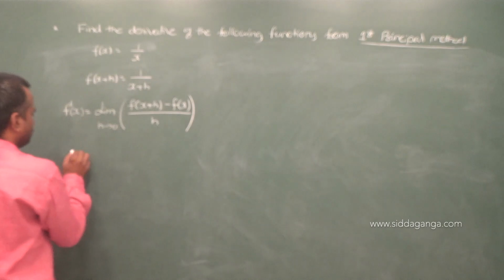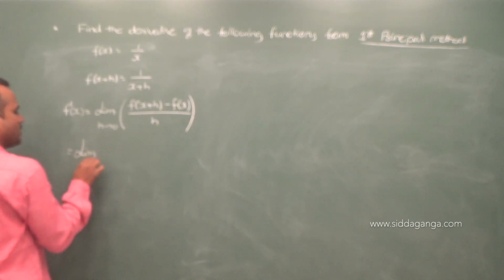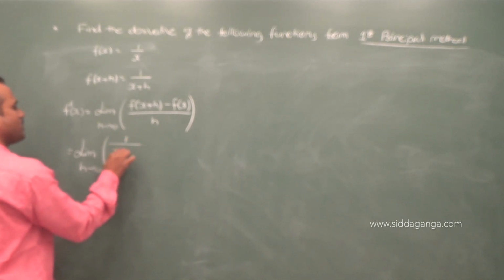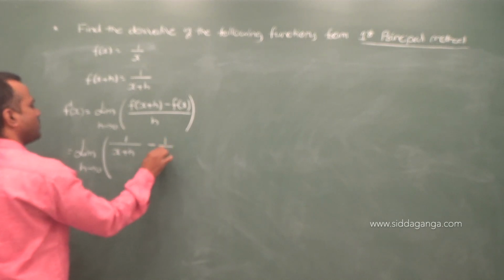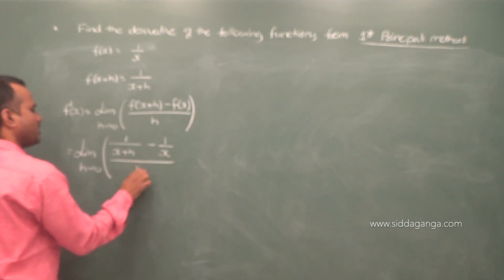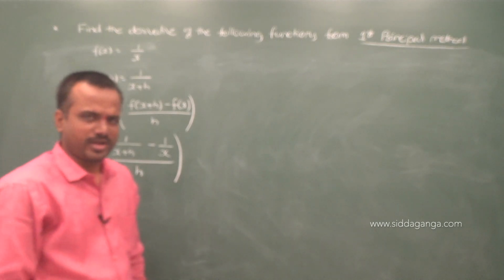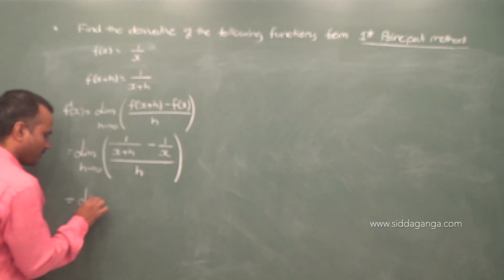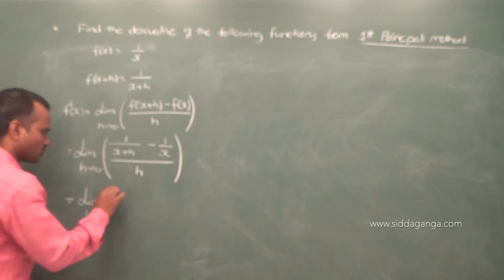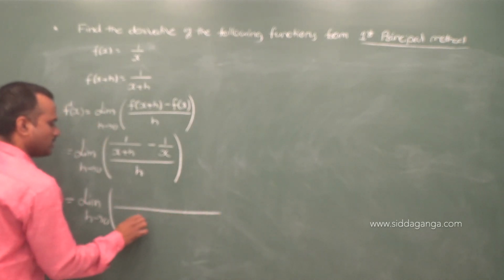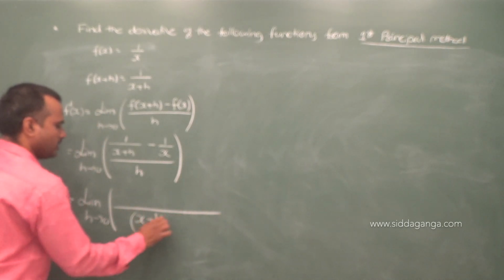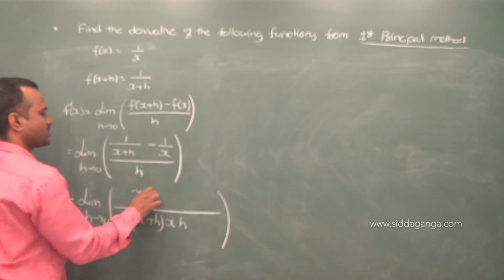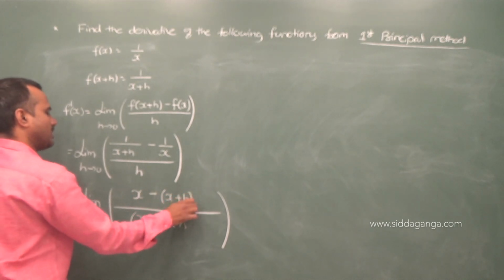So that is equal to limit h tends to 0, (1 divided by x plus h minus 1 divided by x) whole divided by h. So what we do? We take the LCM: limit h tends to 0, denominator x plus h into x into h as it is, this h as it is, numerator x minus (x plus h).